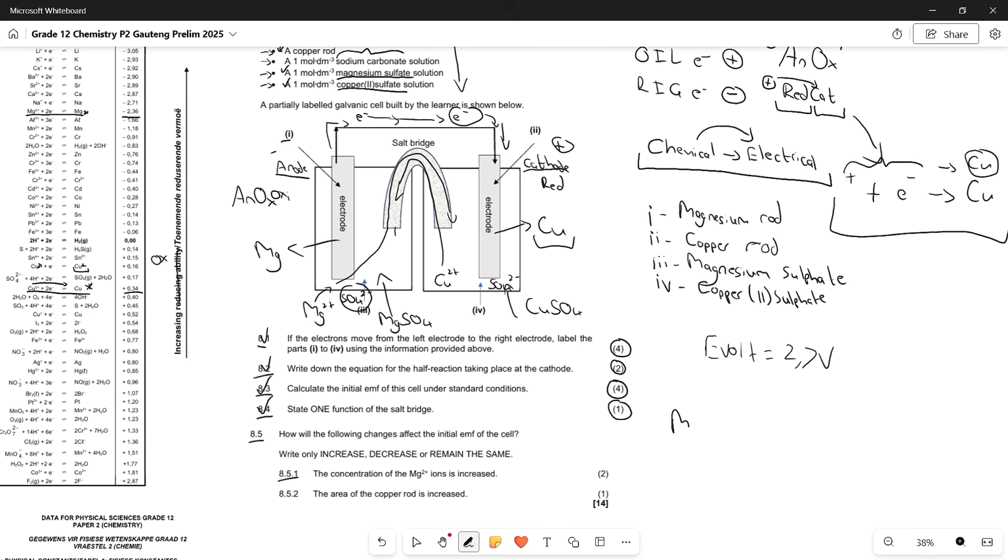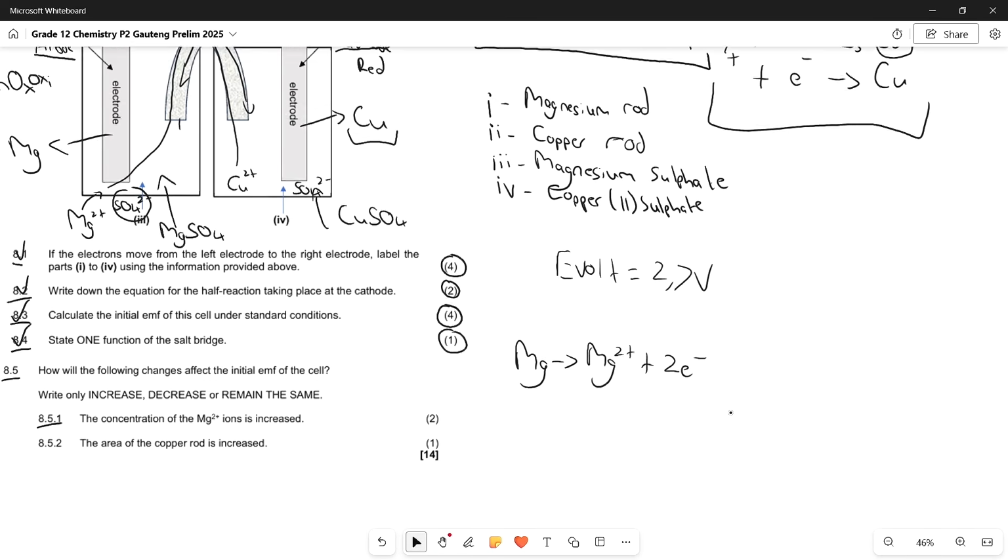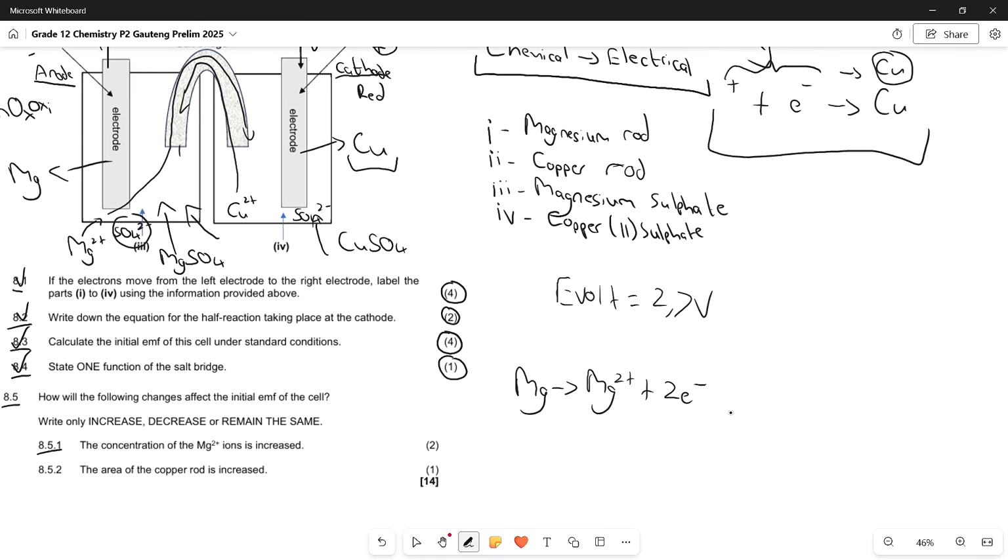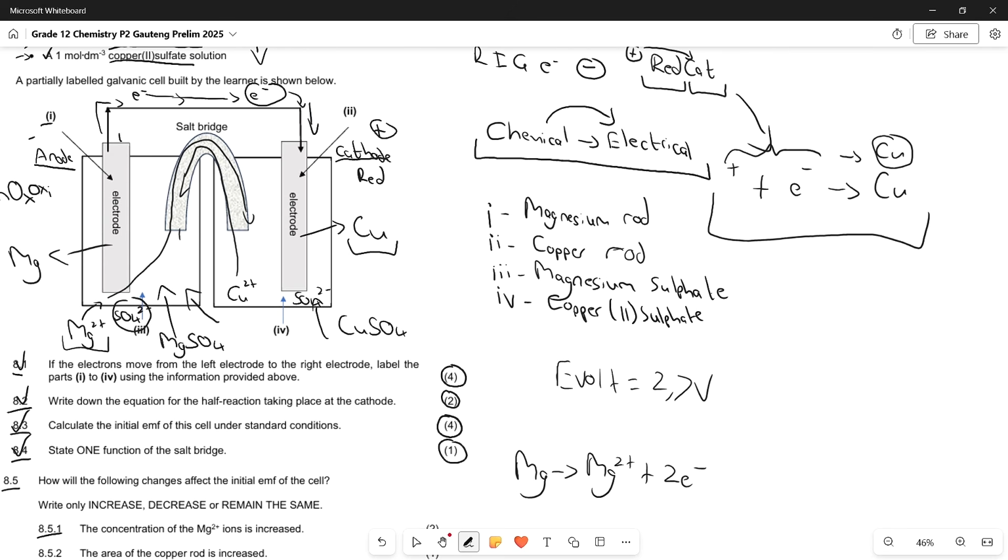It means we have Mg goes to Mg2+ + 2e-, which means that in this beaker over here on the left, where our Mg2+ is, they have increased the concentration of the Mg2+ ions, and they're asking us how will this affect the voltage, the amount of initial volts that passes in the circuit.